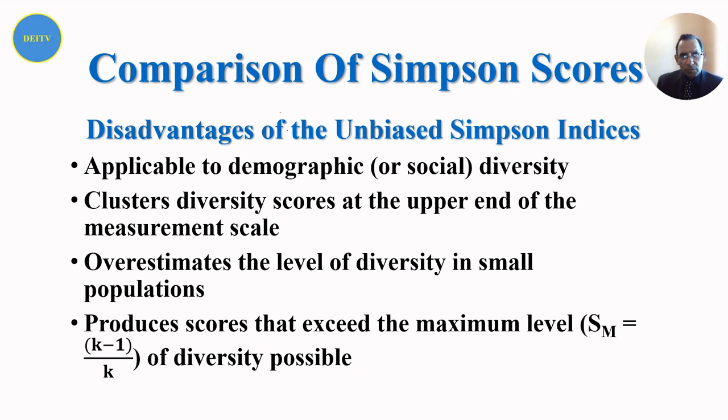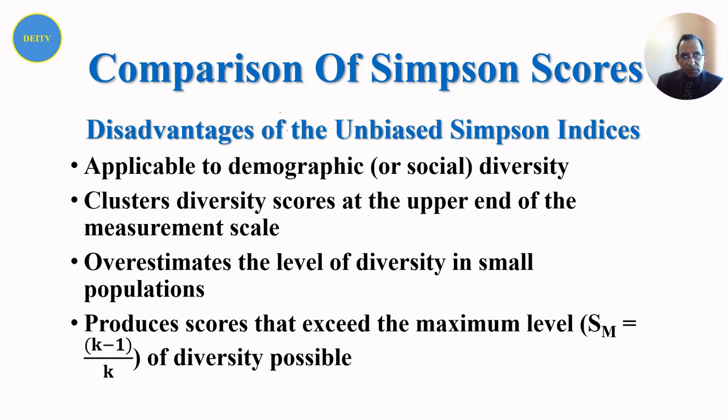Here, I want to mention a couple of disadvantages of using the unbiased Simpson indices. One is that it applies to demographic and social diversity data. In some of the research, the Simpson index is used to assess, for example, revenue concentration. So using the formulas for the unbiased Simpson indices for revenue, although you can do it, it's not recommended.